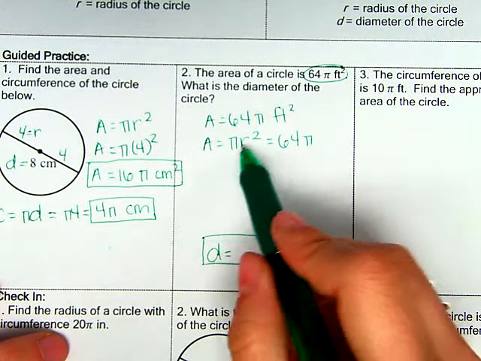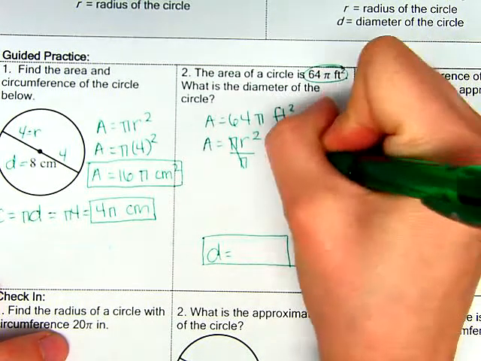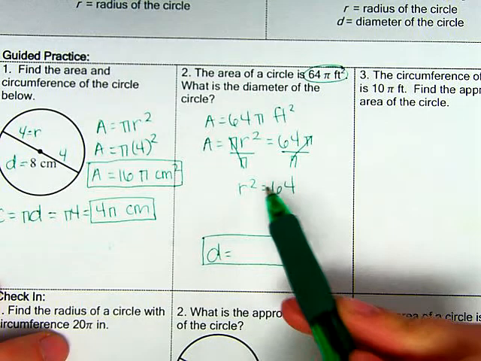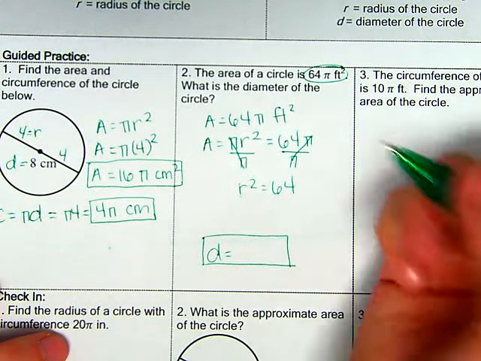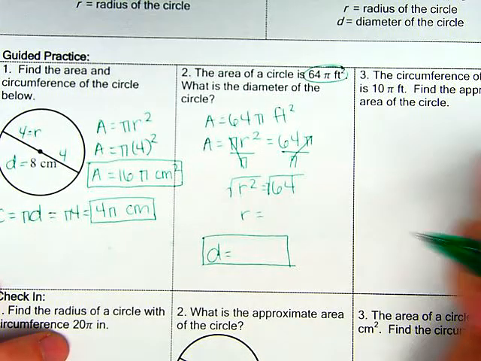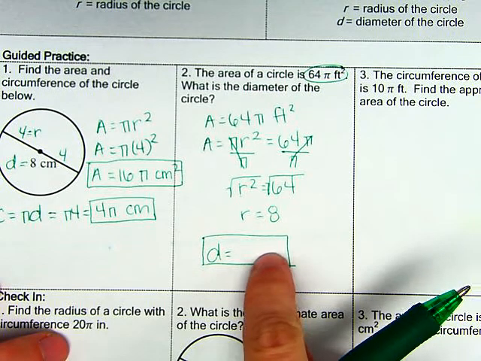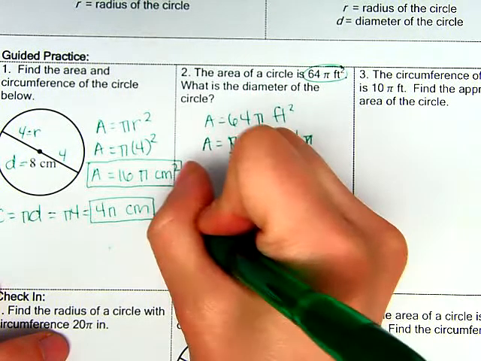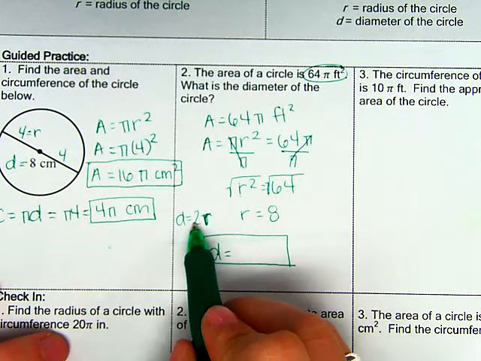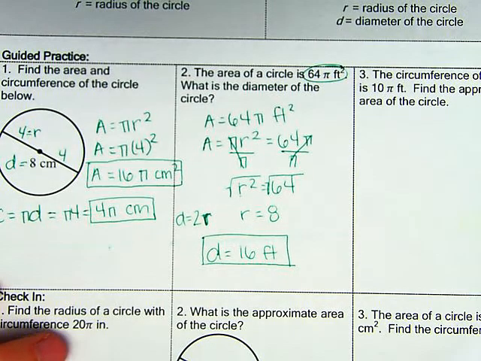So I need to solve for r. So I can divide both sides by pi. Both pi's will cancel out, and I'm left with r squared equals 64. Well, if this is being squared, then the inverse operation is to square root both sides, and we get r equals 8. Well, I have r, but I need d. So I'm going to come over here, and I'm going to say that d equals 2 times r. So what is 2 times 8? It's 16. And feet is our units.